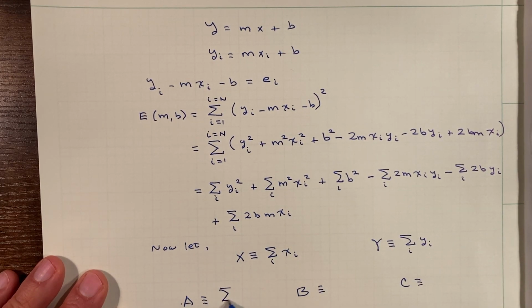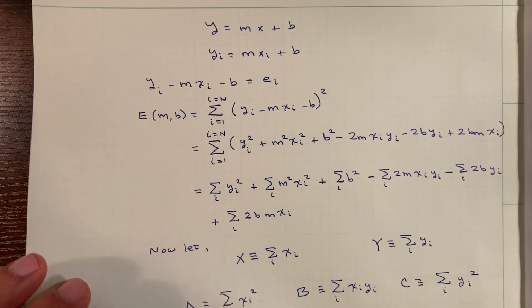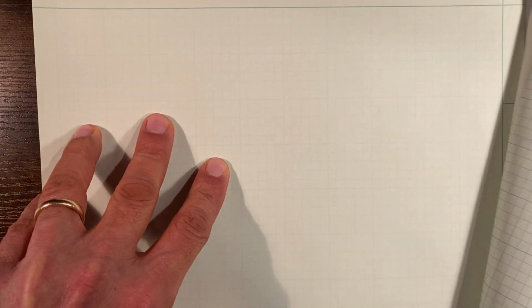A is going to be sum over i of little x sub i squared. B is going to be sum over i of little x sub i times little y sub i. And C is going to be sum over i of y sub i squared. So now we can write this expression in terms of X, Y, A, B, and C, and one last term, which is going to be the total number of terms.